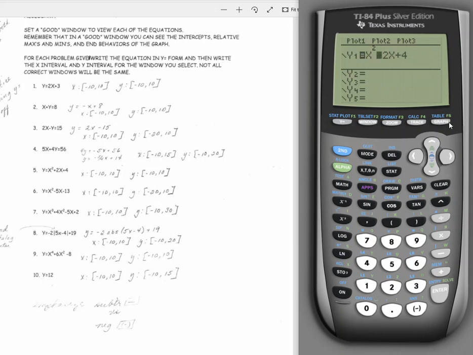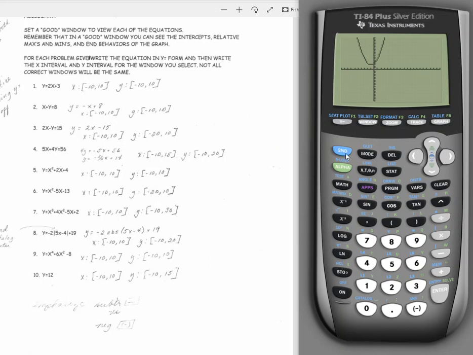So graph, whoops, something I had wrong. Let's go back. Let's just clear. That happens, x squared plus 2x plus 4. Graph. All right. So if we needed intercepts, we have a y-intercept, we don't have an x, and we can see the minimum part. So for that one, a standard window works.